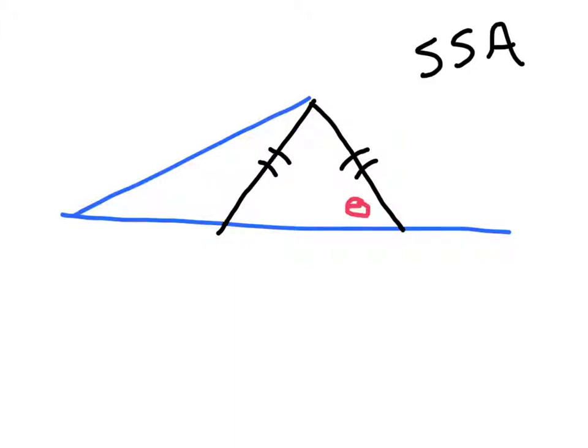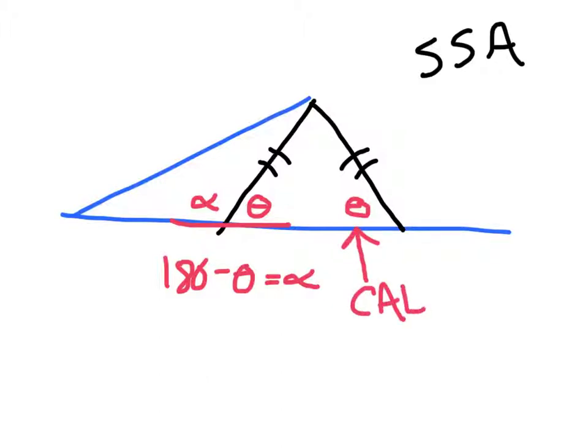So this angle is also theta, and by linear pairs, you can take 180 minus theta to get alpha right here. I didn't explain why I did that step, but if you do have an angle side-side situation, this is the angle that your calculator is going to give you. You take 180 minus that angle, and you get the other possible angle.